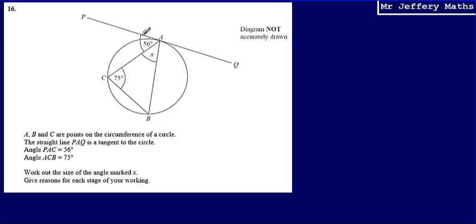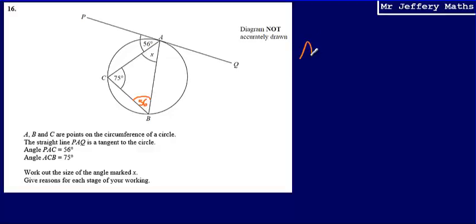The angle between the chord AC and the tangent PAQ, this 56 degrees here, is going to be equal to the angle in the alternate segment, this angle here, angle ABC. Okay, so that means that that is 56 degrees.